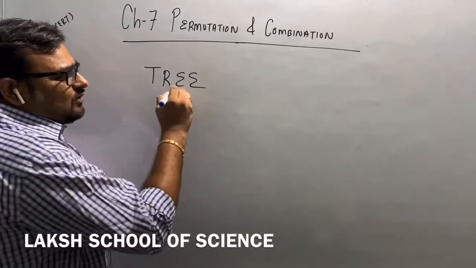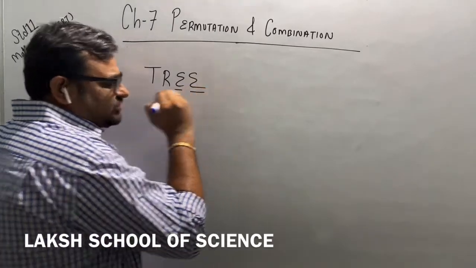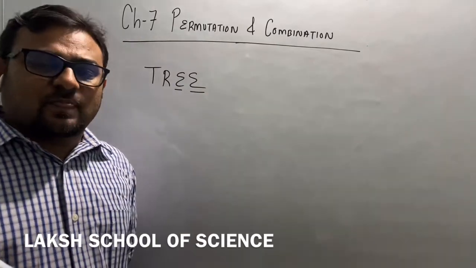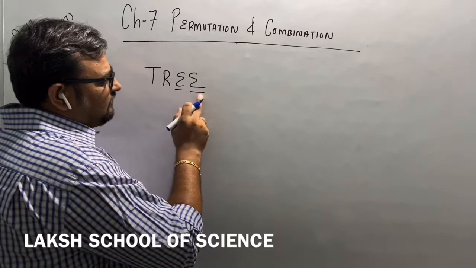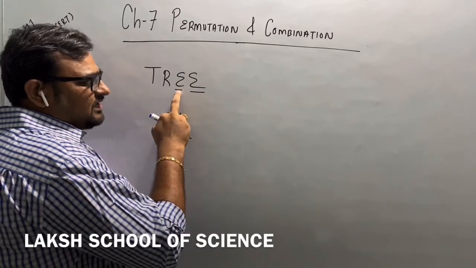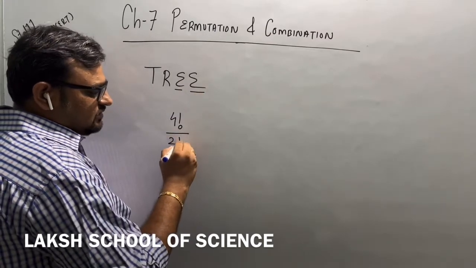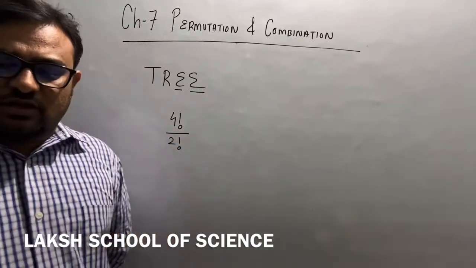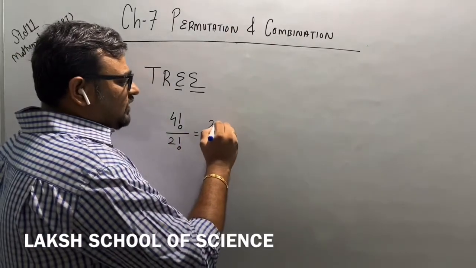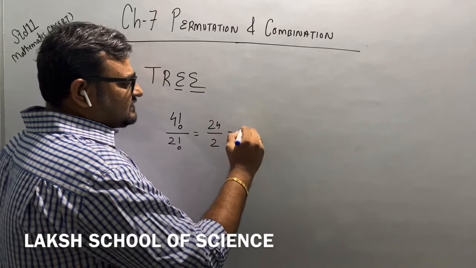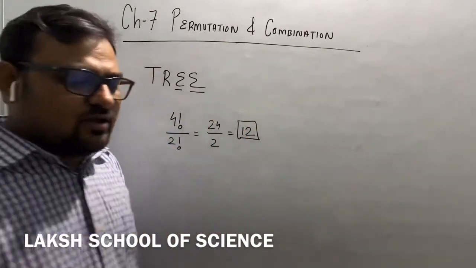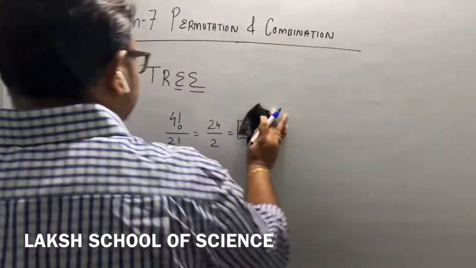So whenever there is repetition, how many total? 4 factorial upon how many times E is repeating? 2 times, 2 factorial. Clear? So 4 factorial, 24 by 2, that is equal to 12.